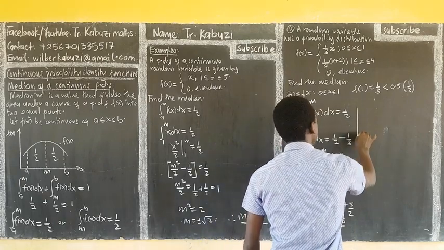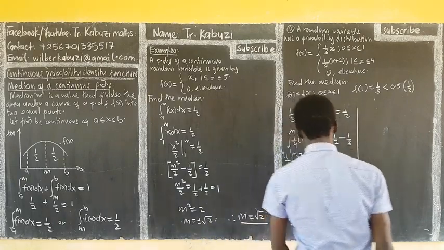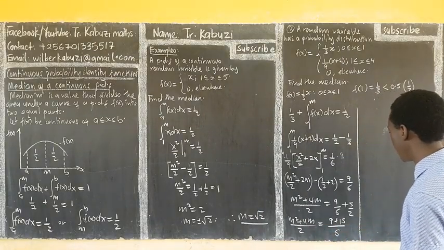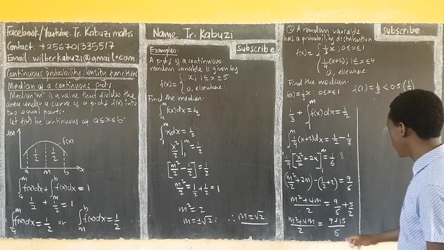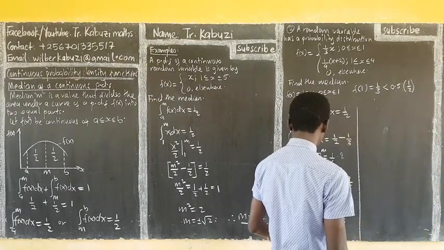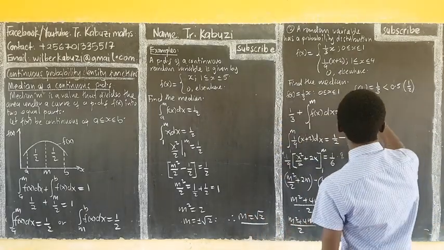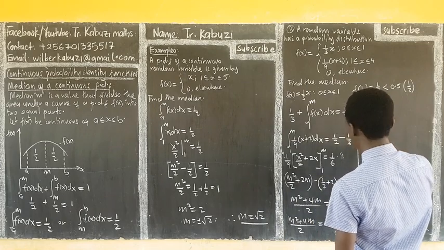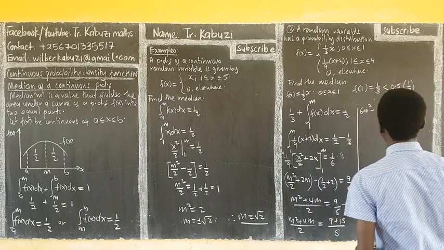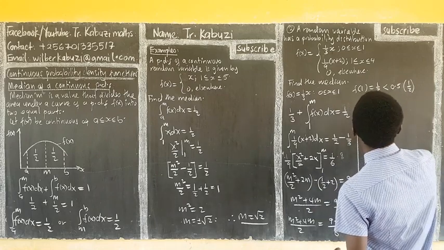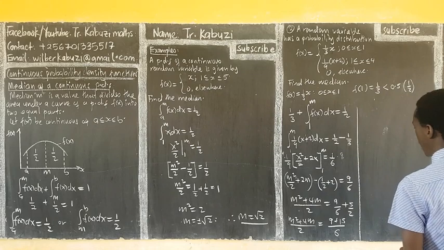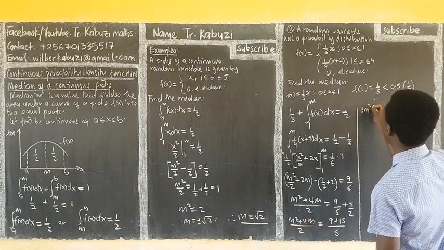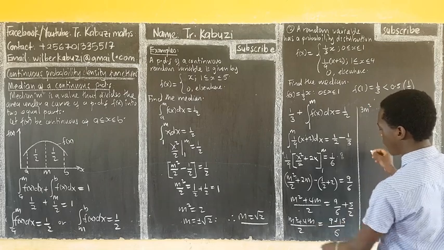So if I multiply through by 6, to remove that LCM there, I'll be having here 6n squared over 2, which is 3n squared.